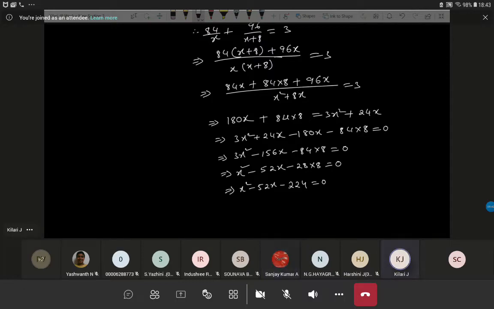Okay, sir. And the time taken by the train to travel 364 kilometers means you have to take distance as 364 and the original speed. Then find out the time. So actually the speed of the train I got as 56 kilometers per hour.